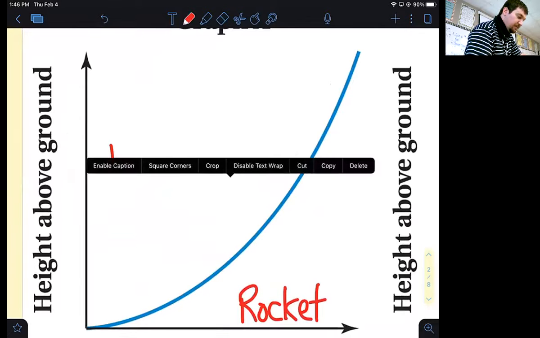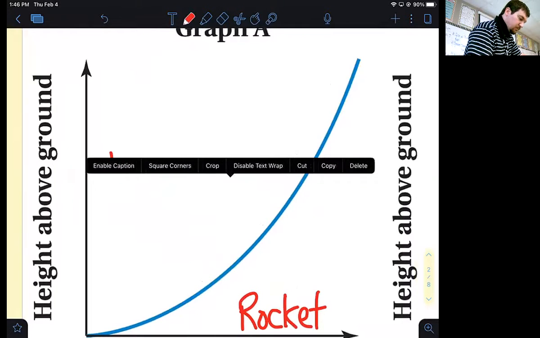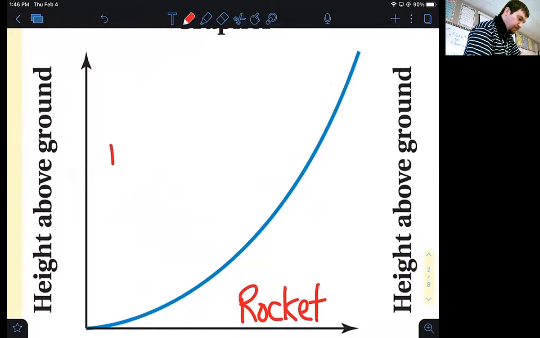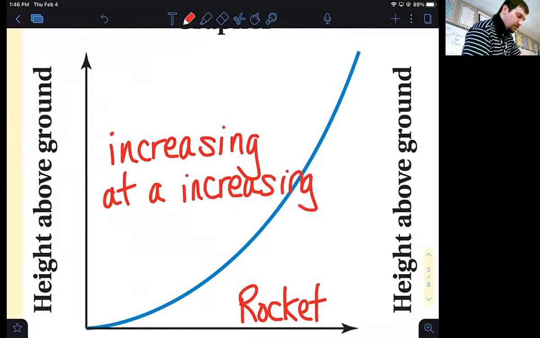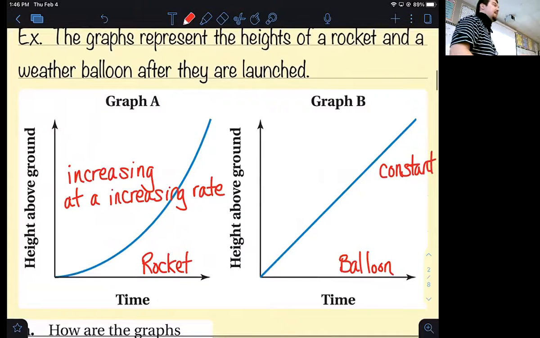It's increasing at an increasing rate. And so what that means is it's increasing the whole time. We know that, right?